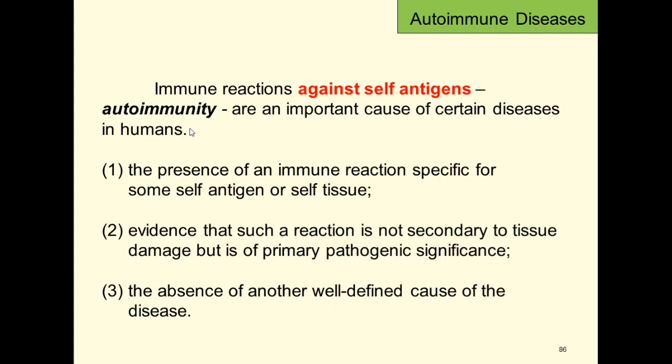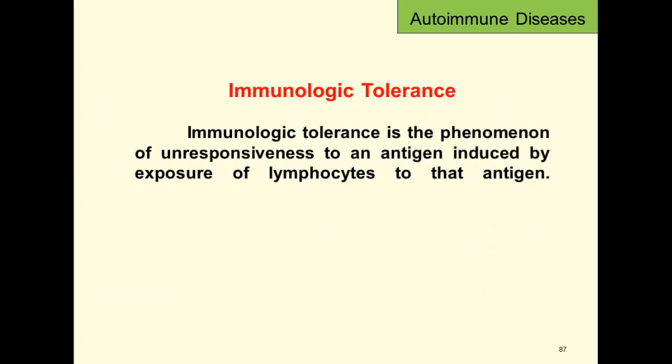What does it mean? Our organism thinks that the organ or type of it or some cells of it are bad and tries to destroy this organ, part of it, or some group of cells of it. We need to know about the very important point, immunologic tolerance.